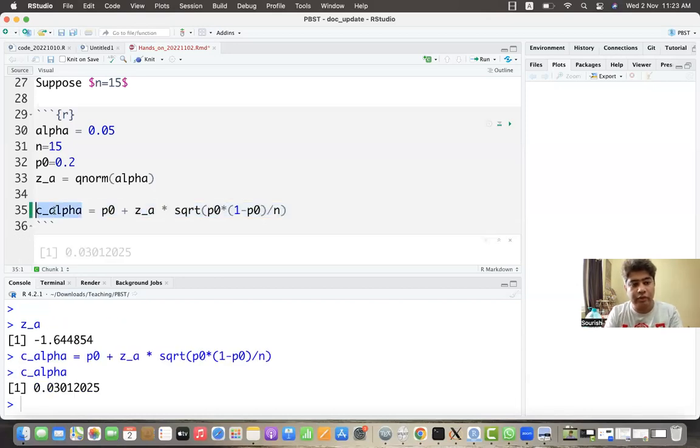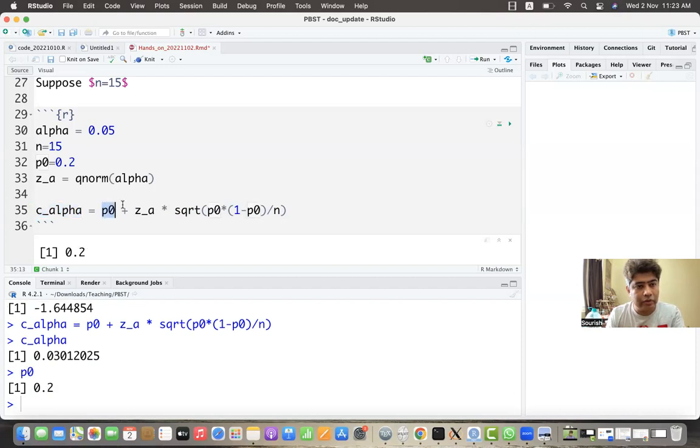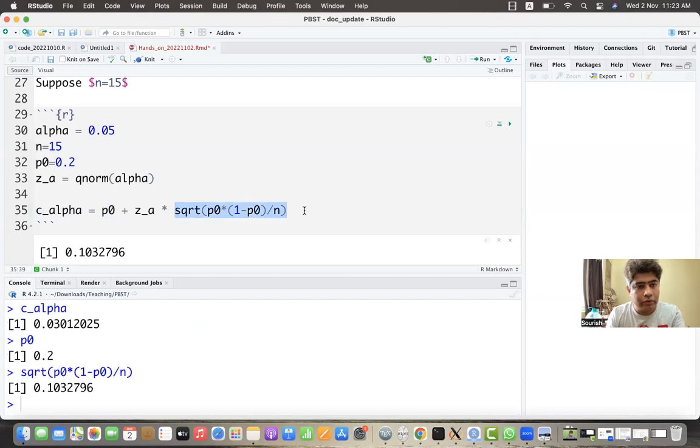So C alpha will be 0.03. Why? It should not, right? Because Z alpha is negative, P naught is 0.2, square root of what is this? So Z alpha is negative this.